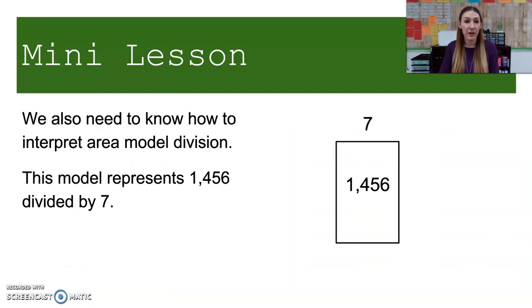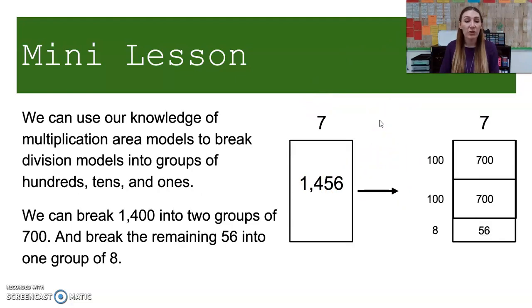We also need to know how to interpret area model division. This model represents 1,456 divided by 7. We can use our knowledge of multiplication area models to break division models into groups of hundreds, tens, and ones. We can break 1,400 into 2 groups of 700.